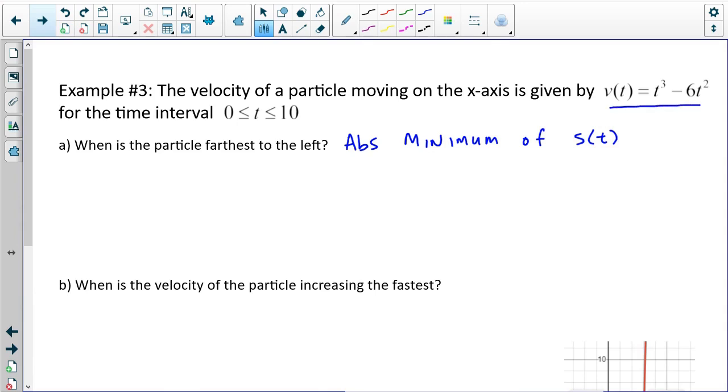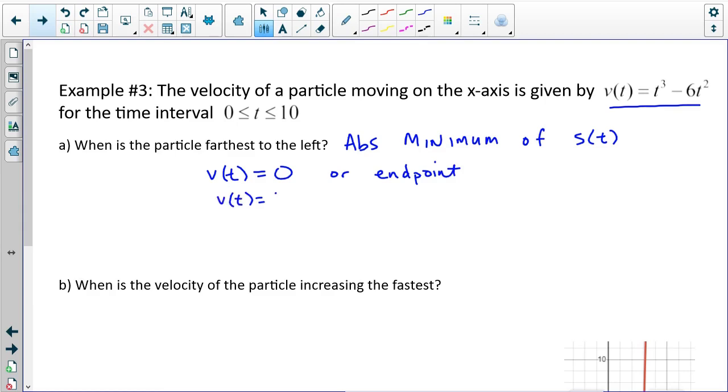But we can use a little bit of thinking, and we know that v of t equals 0, or an endpoint, are going to be the only things that we can think about. So let's set v of t equal to 0 and see if we can figure something out.